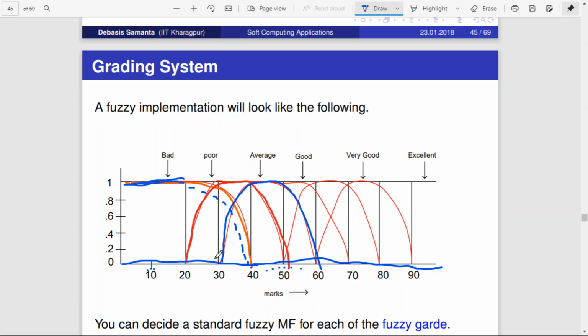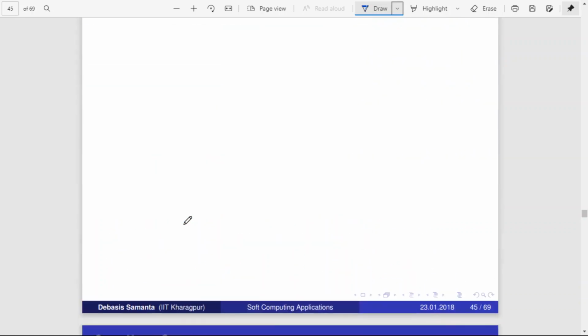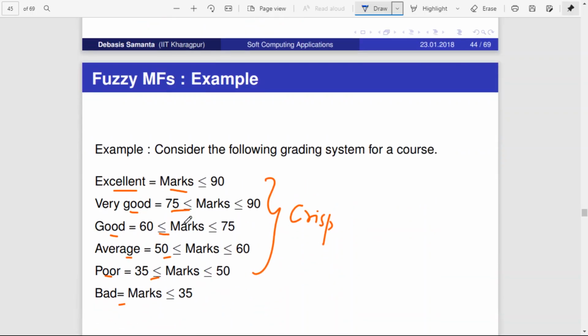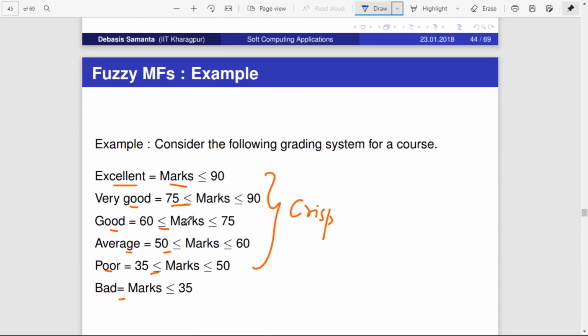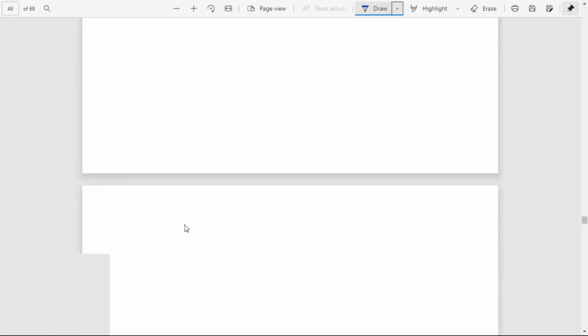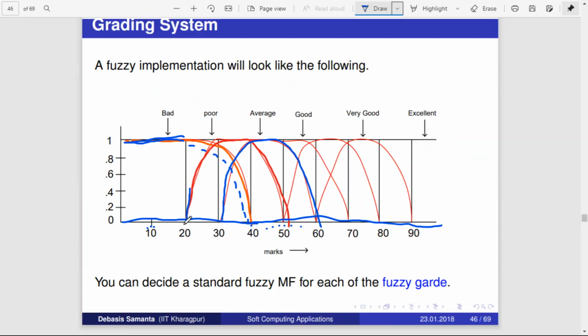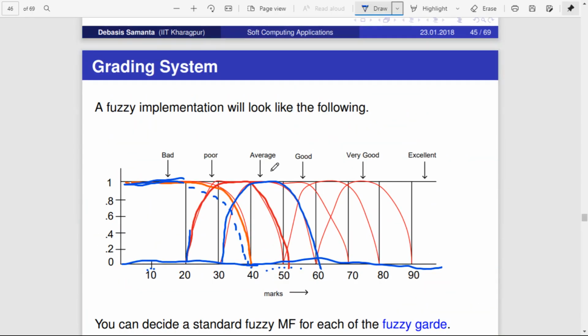Similarly, if you take this particular membership function, it takes values only between 20 and 50. Anything less than 20, it will produce 0.